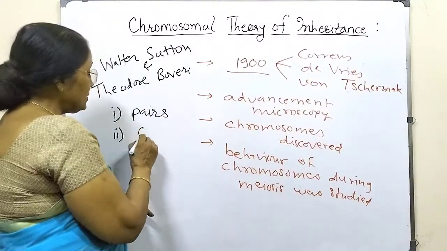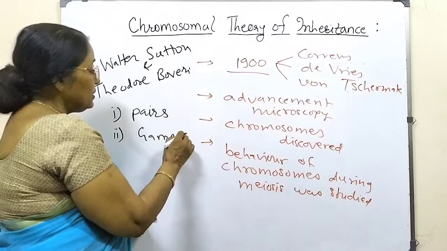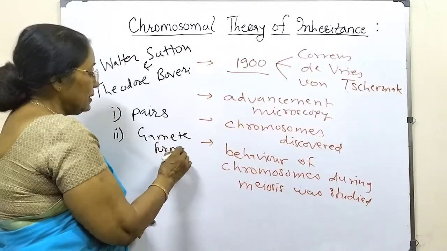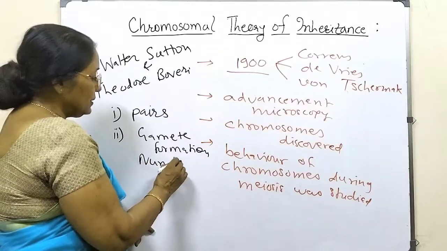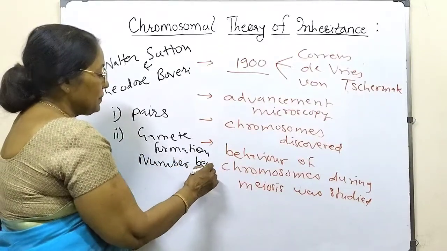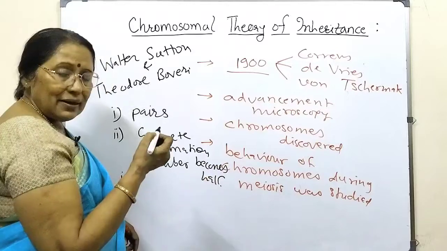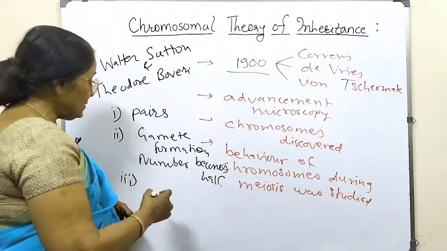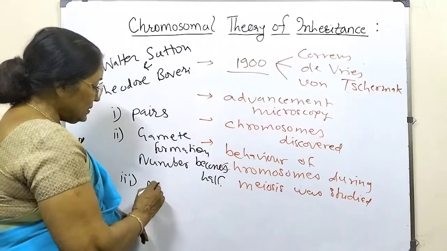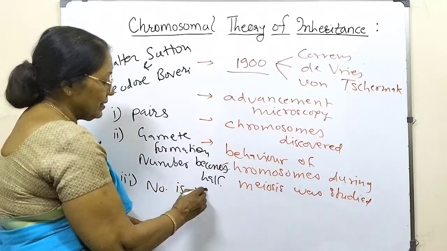During gamete formation, the number becomes half. The number in both becomes half, and after the gamete fusion, that is fertilization, the number is restored again.